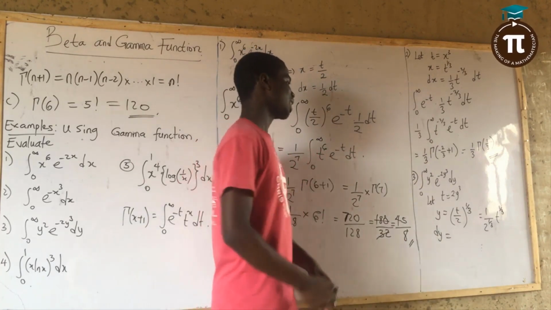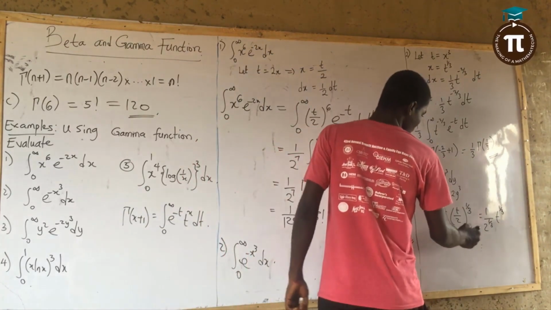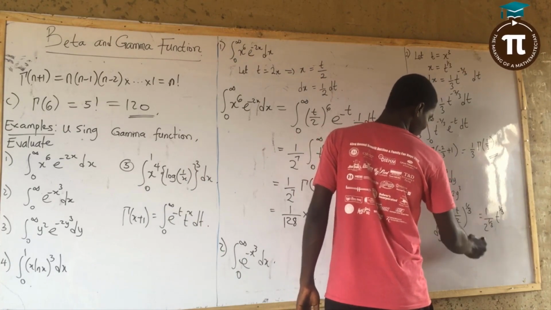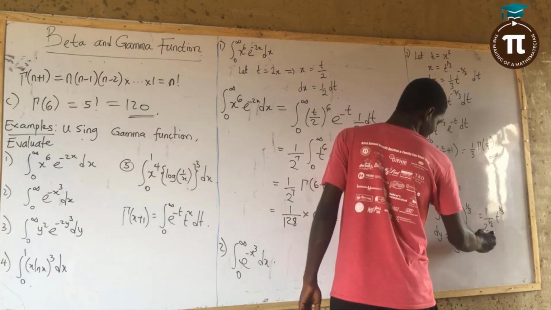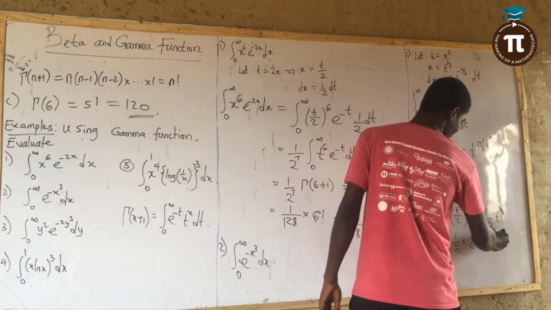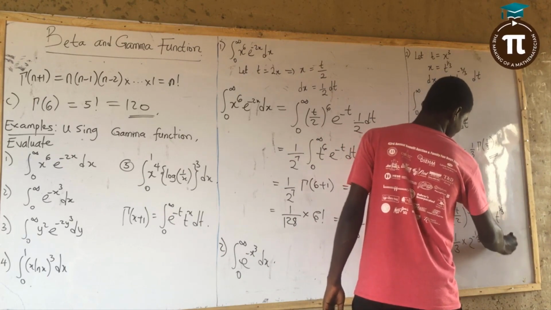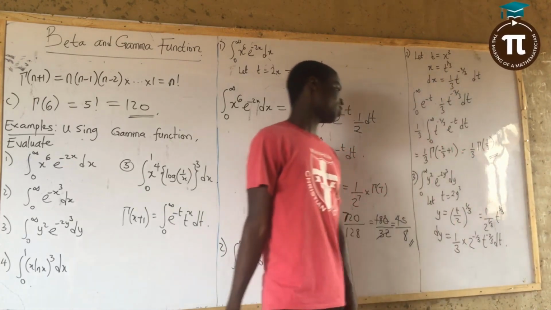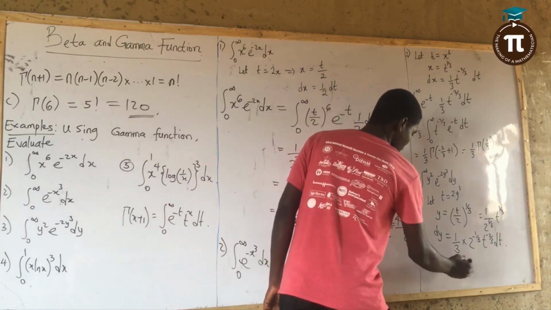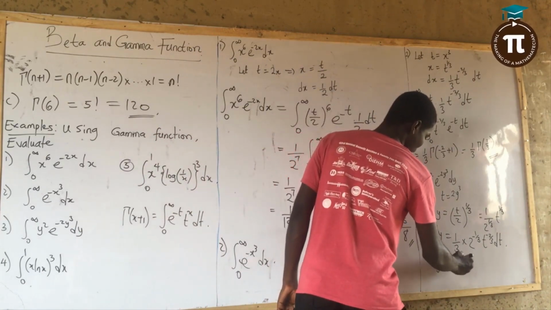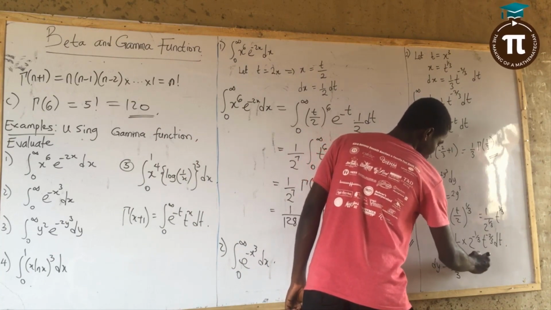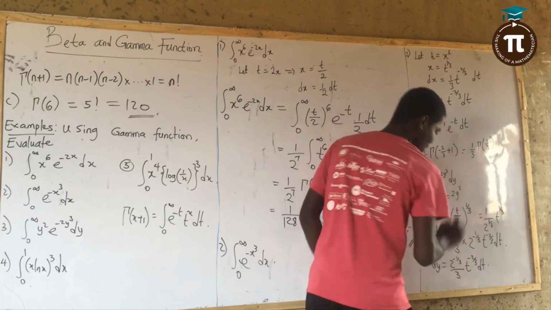So now differentiate. dy will be equal to 1 over 3 multiplied by 2 raised to power minus 1 over 3 multiplied by t raised to power minus 2 over 3 dt. It's not a difficult something. dy is 2 raised to power minus 1 over 3, everything over 3, t raised to power minus 2 over 3 dt.